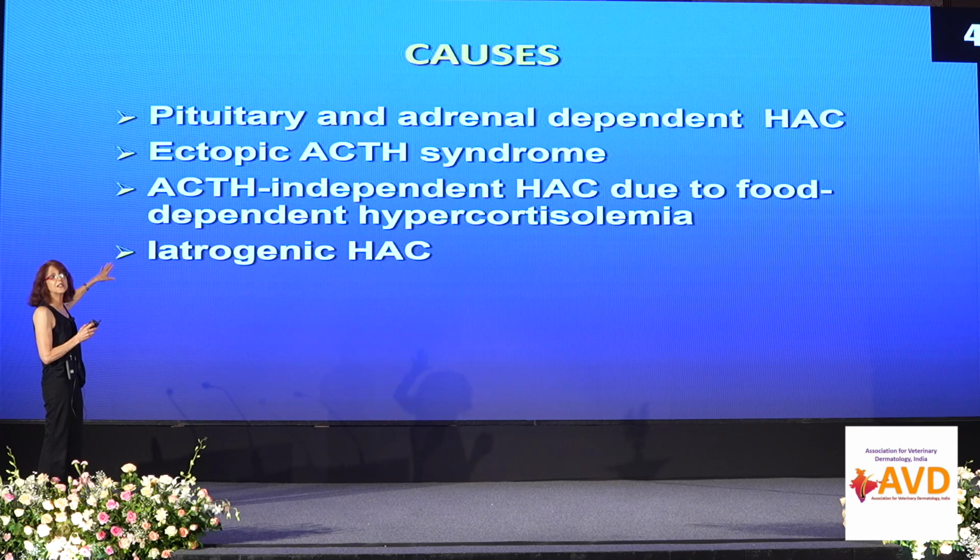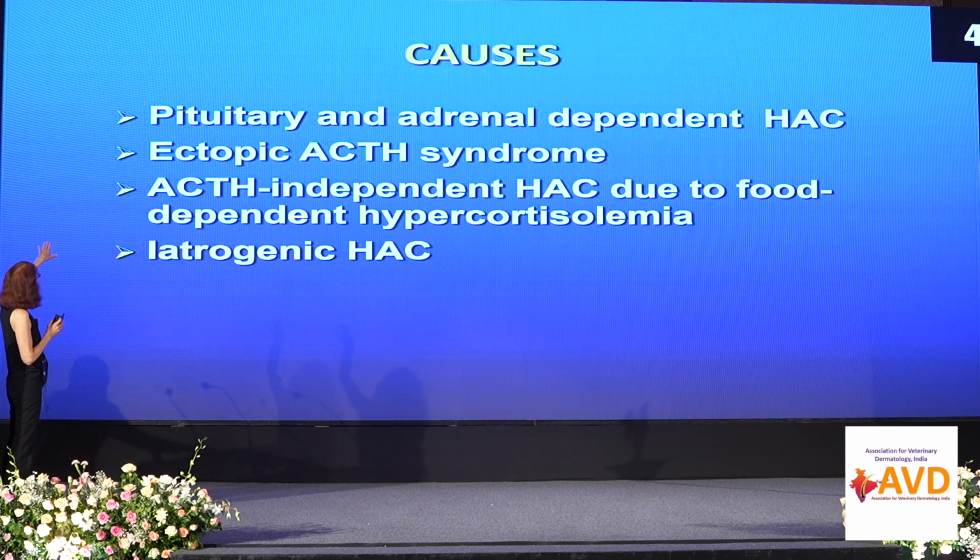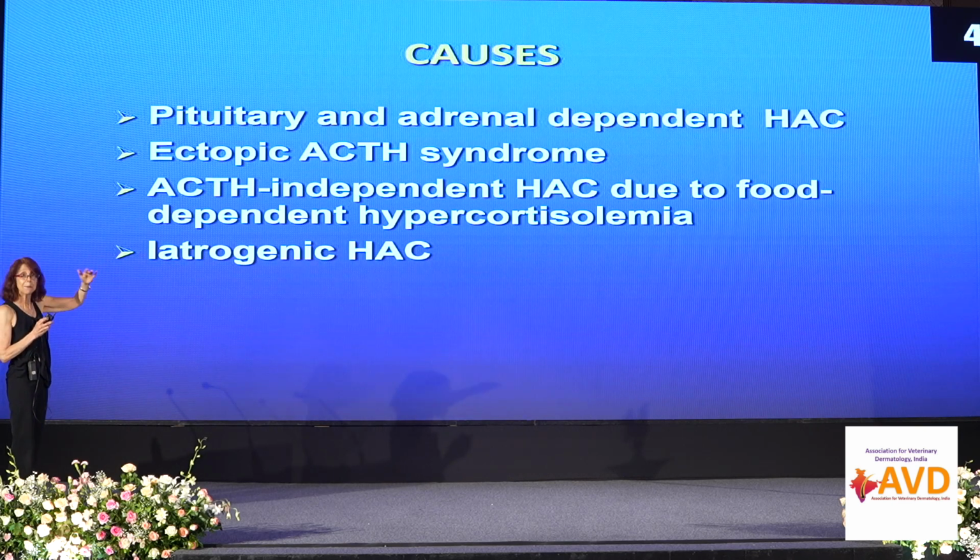So there are 4 different types of Cushing's disease: pituitary-dependent and adrenal-dependent Cushing's or hyperadrenocorticism, ectopic ACTH syndrome, ACTH-independent and food-dependent hyperadrenocorticism, and the iatrogenic form. The first 3 are spontaneous forms of Cushing's disease. The ectopic ACTH syndrome and the ACTH-independent, food-dependent syndrome are extremely rare.